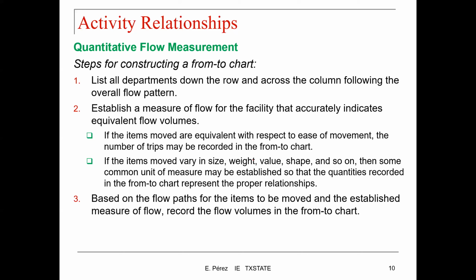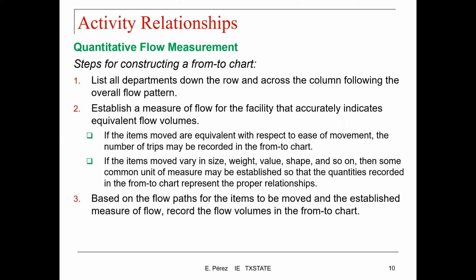Like, for example, if you're using pounds to measure the weight, and that's the unit that you want to use to quantify the flow, then you have to make sure that the pounds are used for all the measurements. If you're quantifying the movement in terms of boxes, and there are different sizes of boxes, then you have to pick one size and then find an equivalent flow volume based on that type of box.